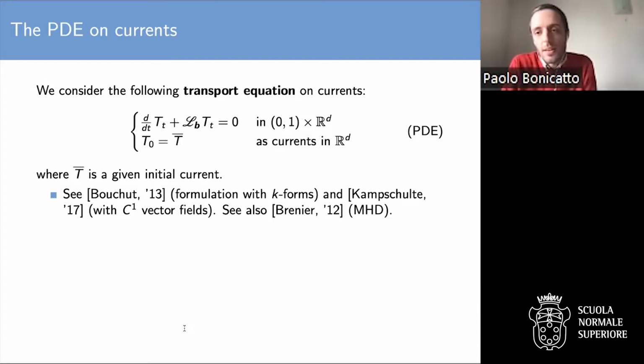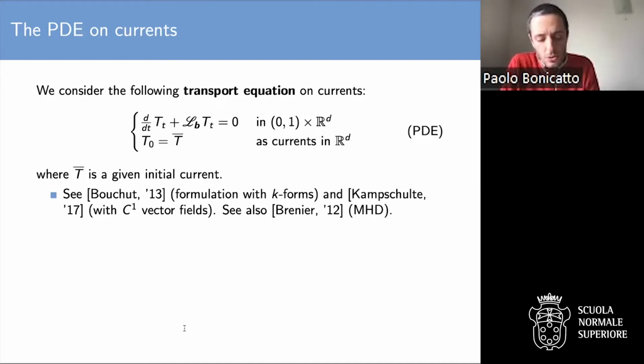And I would like to publicly acknowledge Gianluca for bringing them up and pointing my attention towards them. This equation also appears in Kamp-Schulte's PhD thesis of 2017, where he's studying gradient flows on the space of currents, and this equation appears mostly with C1 vector fields.